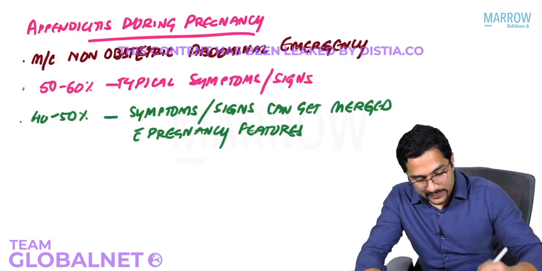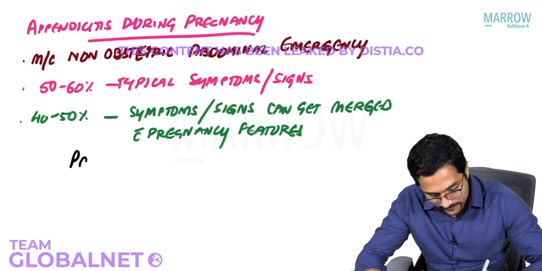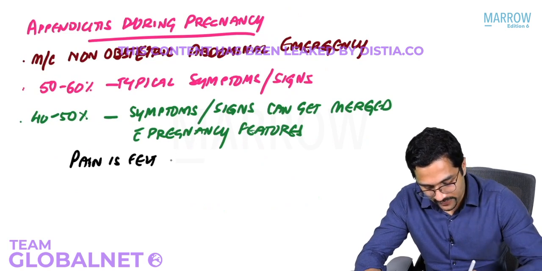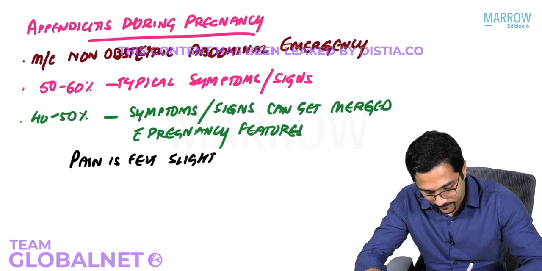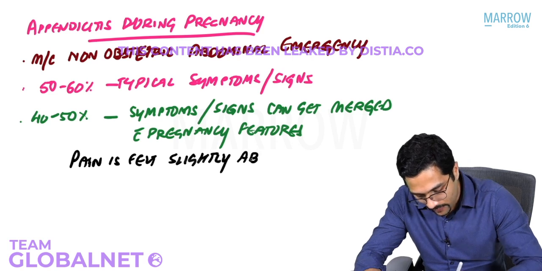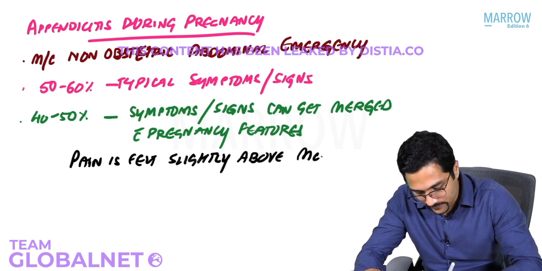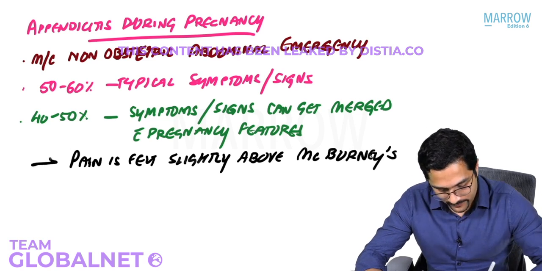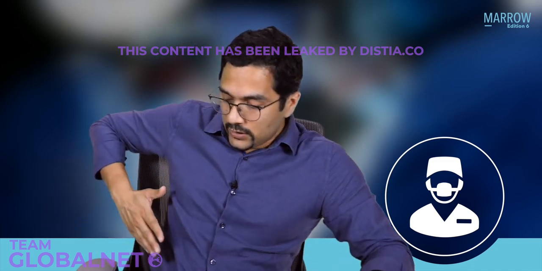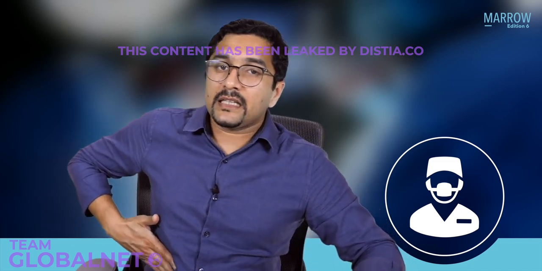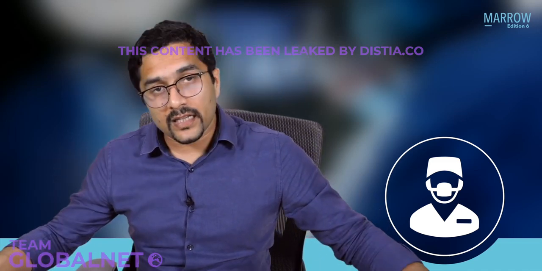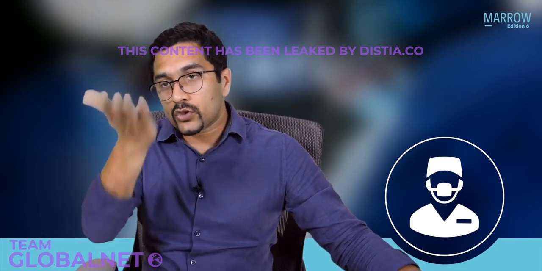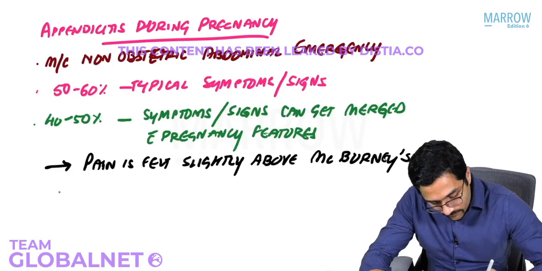What can happen is that pain is felt slightly higher up, slightly above McBurney's. Why? Because the uterus pushes the appendix upwards. So in a lot of patients, pain is felt in the right lumbar region rather than the right iliac fossa because the uterus pushes up the appendix.